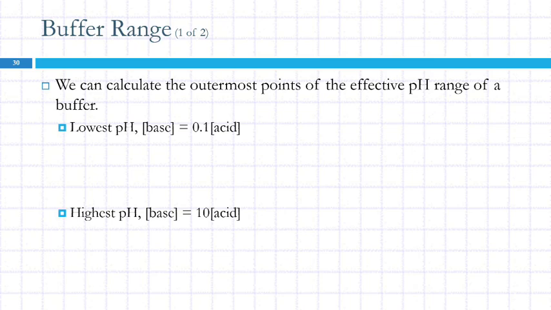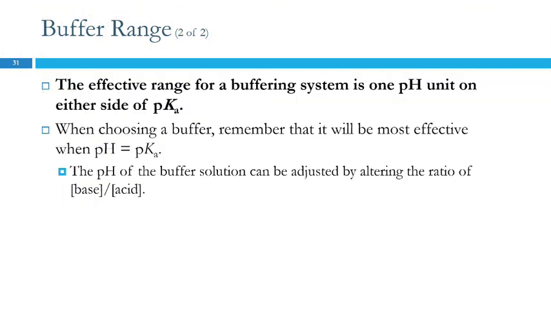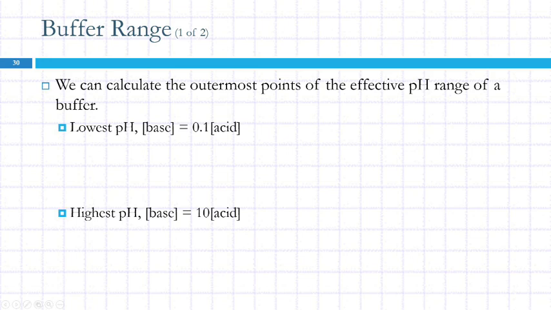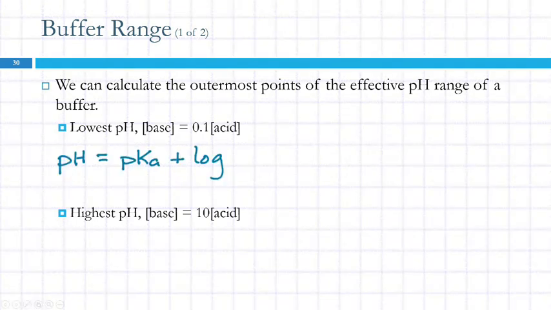So we can calculate the pH range in which a buffer can be effective. So this is going to be based on the relative concentrations of acid and base. So the lowest pH will be where the concentration of the base is 1/10 of the acid. So we don't know what that concentration is, but we can still work it out. We want the base concentration over the acid.